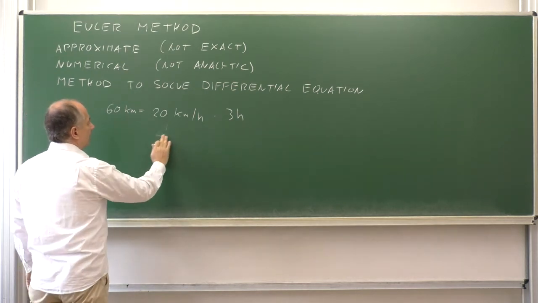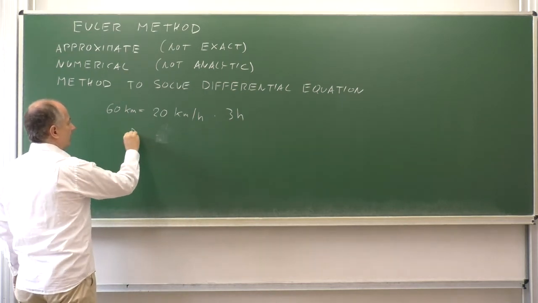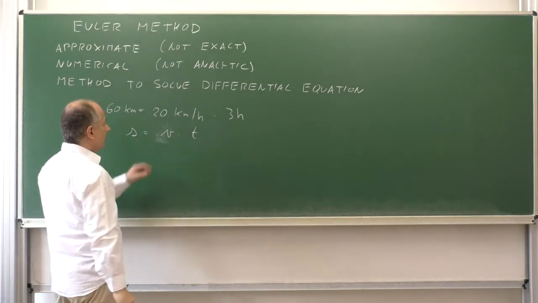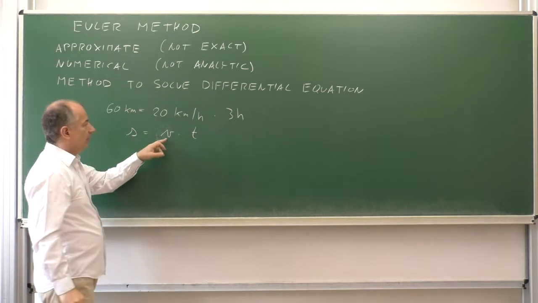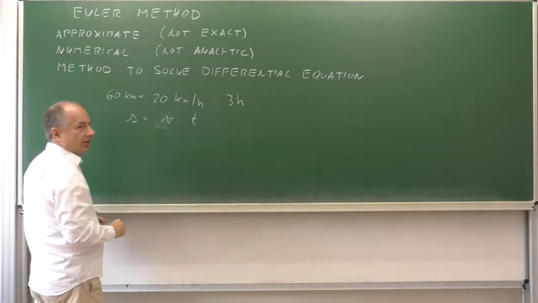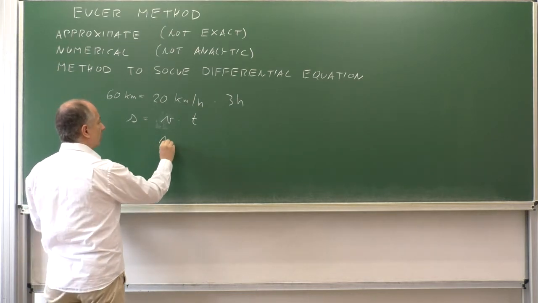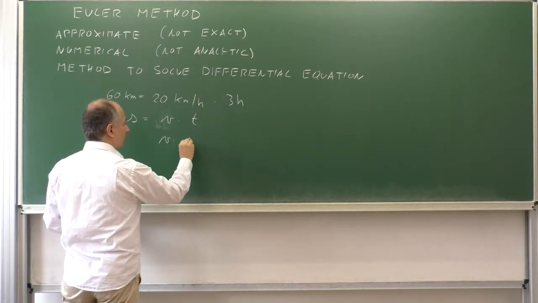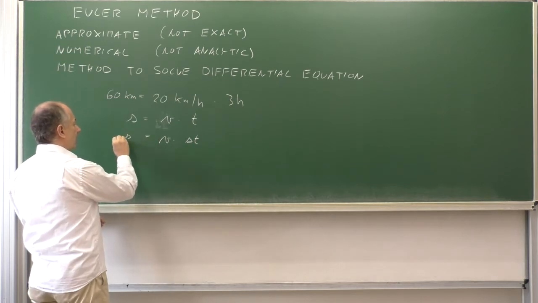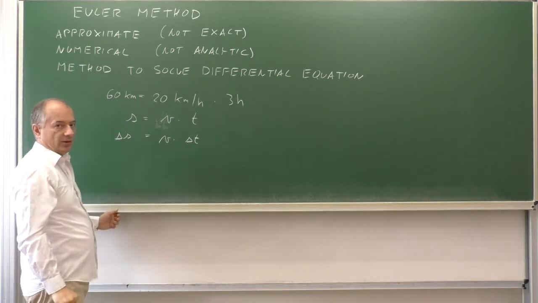If we write this as distance is velocity times time, then this is good when the velocity is constant. If the velocity changes, then we consider only a small interval of time, and then we make only a small distance.